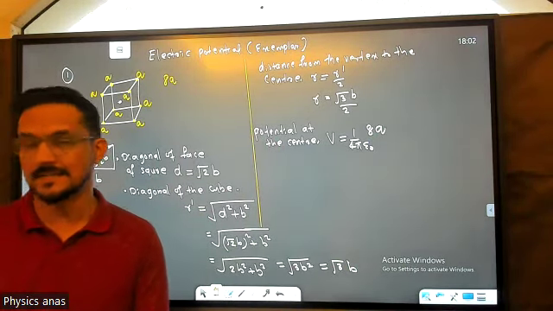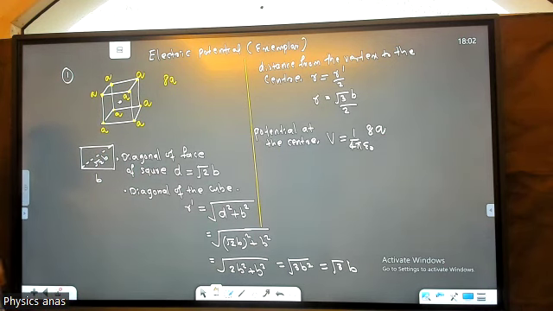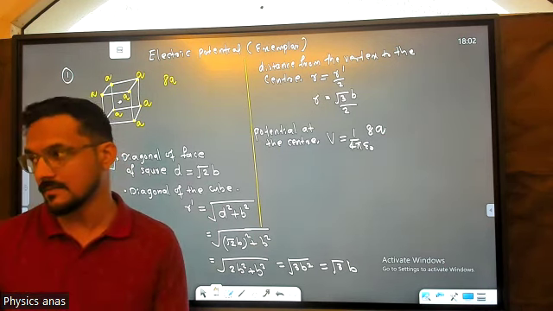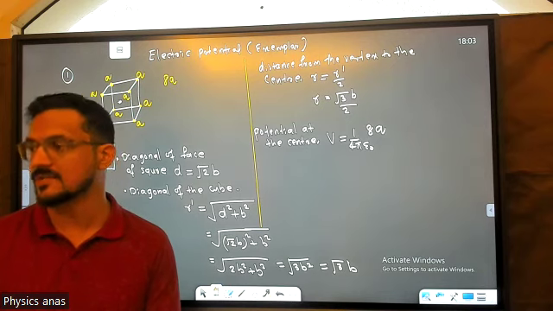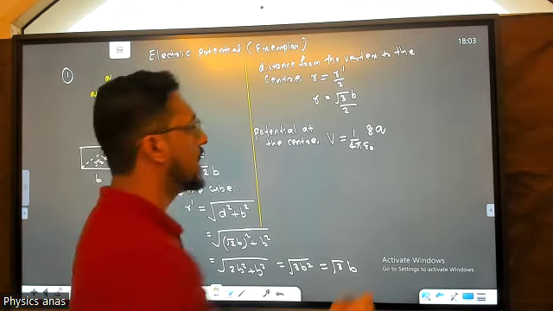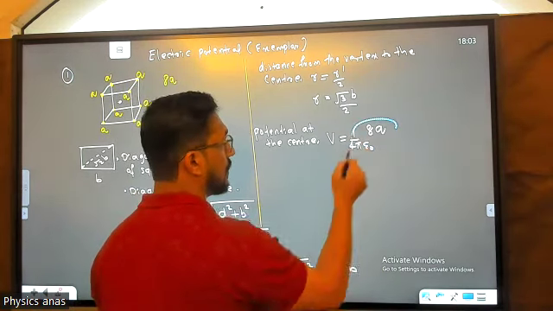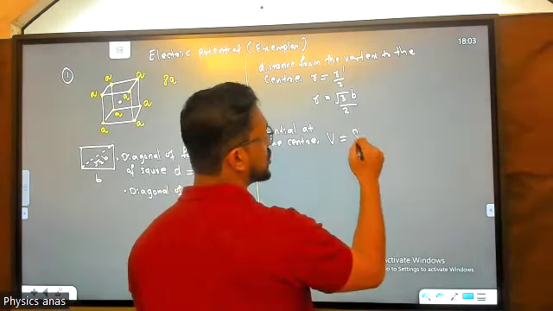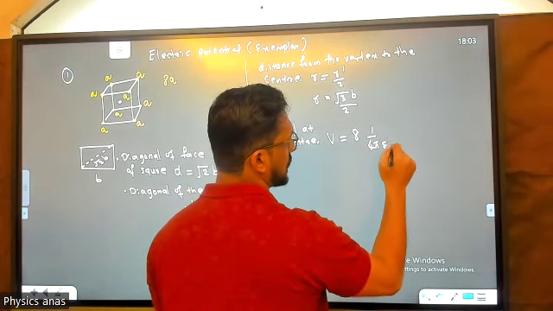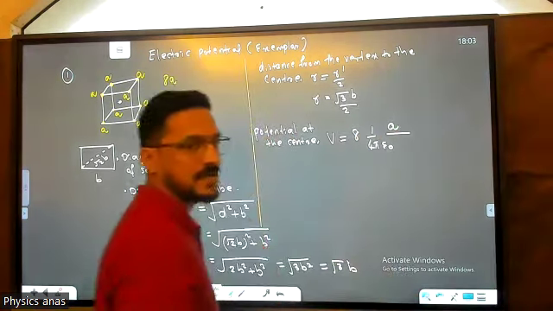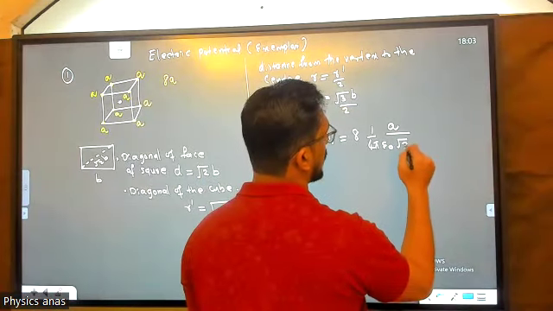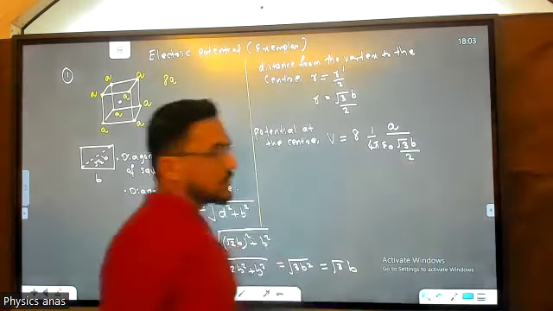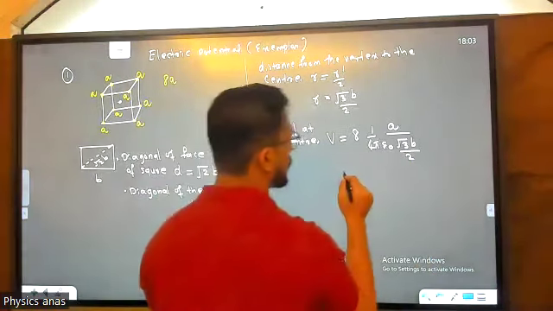Due to this charge, the potential will be 1 by 4 pi epsilon naught Q by R. Due to the second charge also 1 by 4 pi epsilon naught Q by R. How many of them? 8 of them. That's why 8 into 1 by 4 pi epsilon naught Q by R. What is R? Root 3 B by 2. The 2 will come to the top.